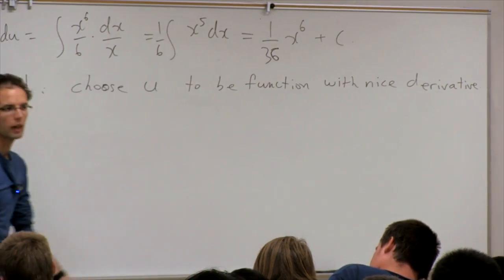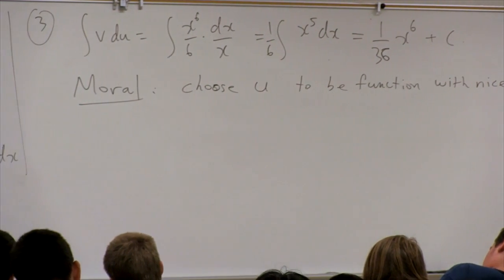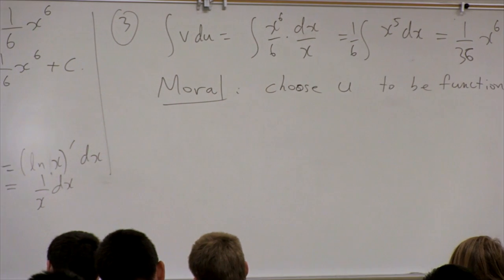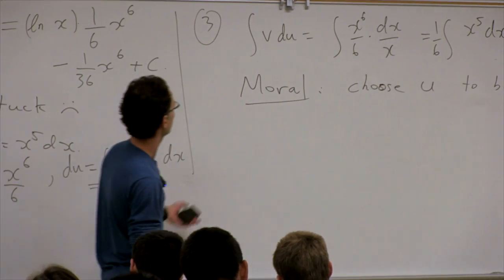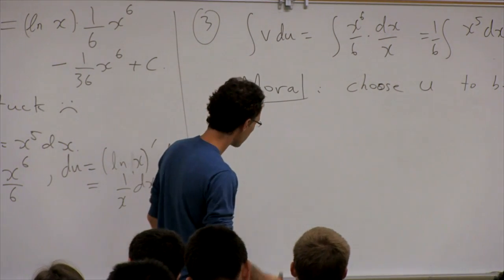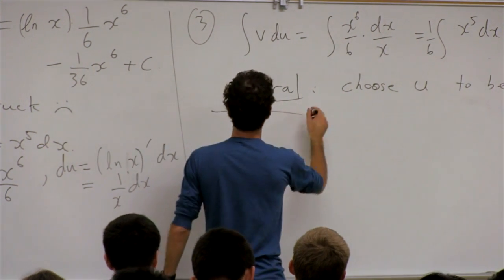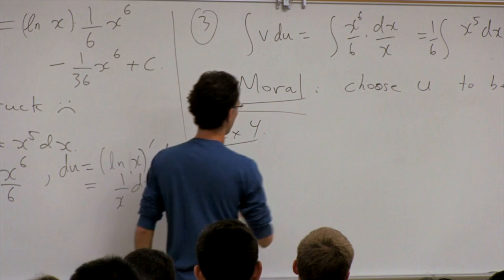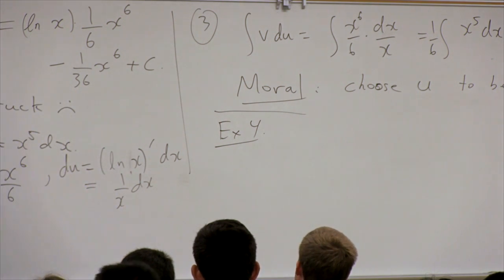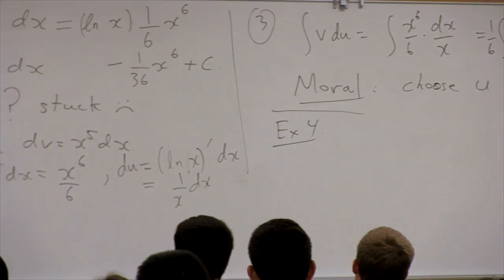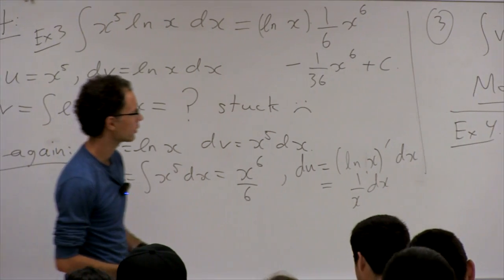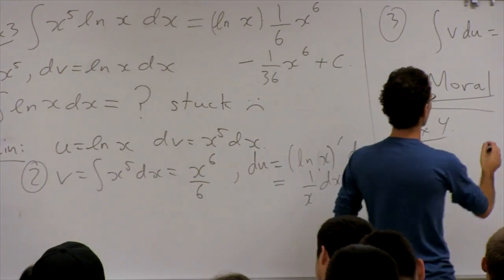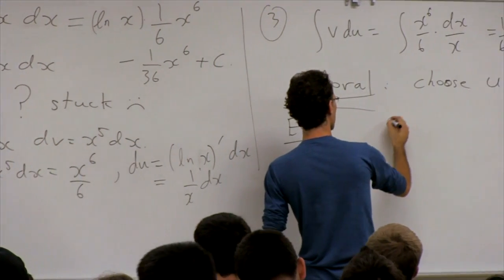In this case, natural log had a very nice derivative. We can very easily differentiate it. When we do so, it made the resulting integral very easy. OK. So no questions so far. It's all quite clear.